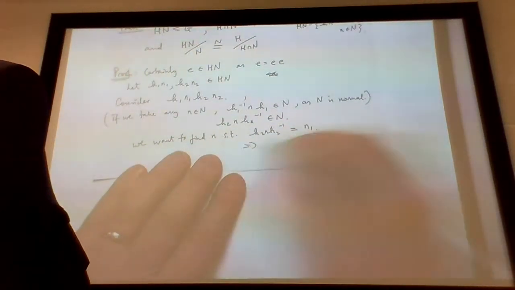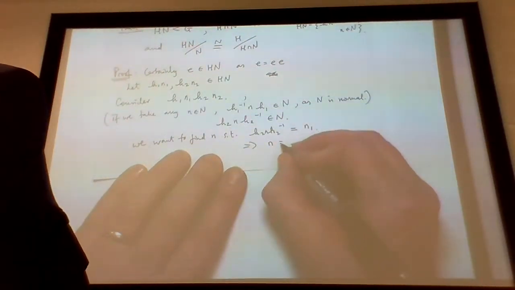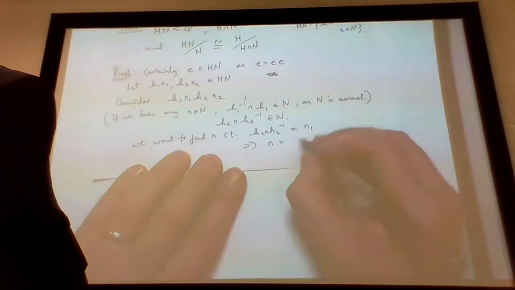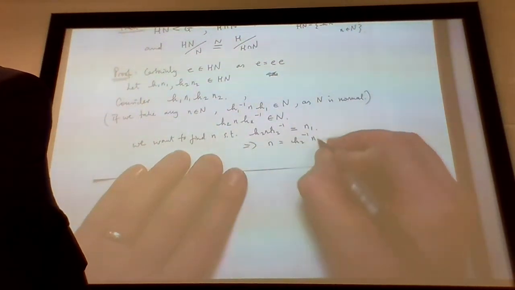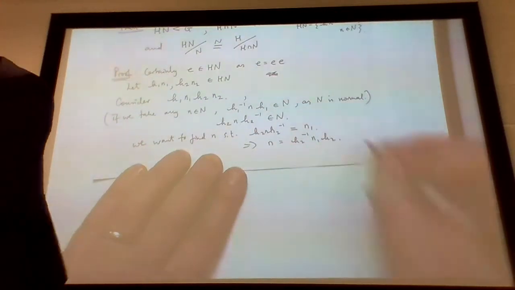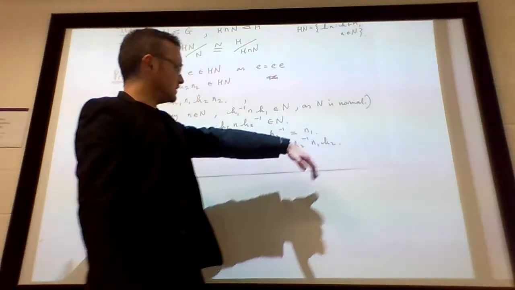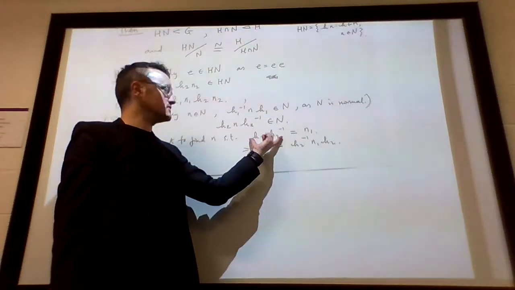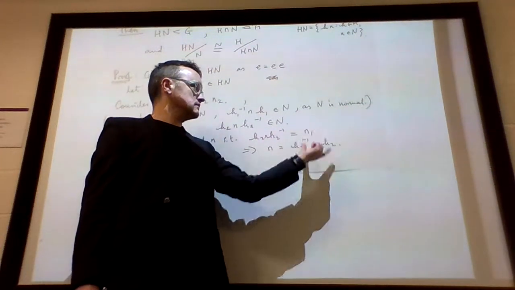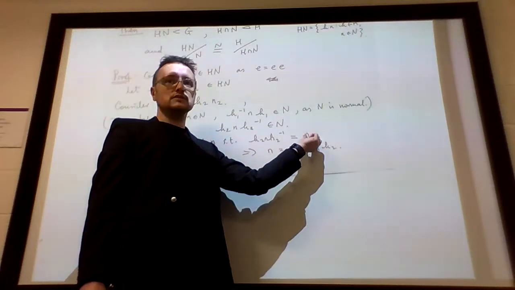But of course, that implies that the correct n to use is h2 inverse n1 h2. Pre-multiply on the left by h2 inverse, post-multiply on the right by h2, that cancels those two and leaves their inverses either side of n1.